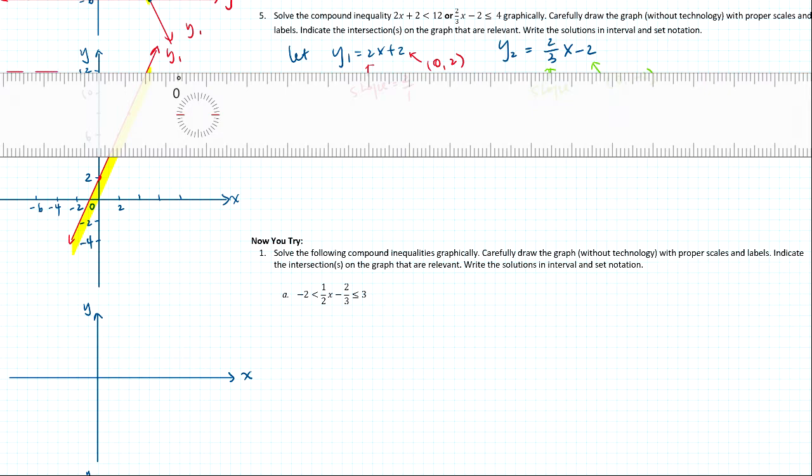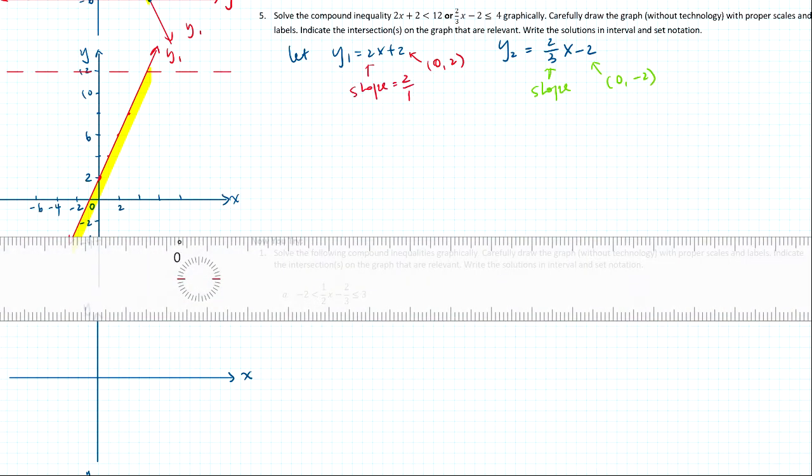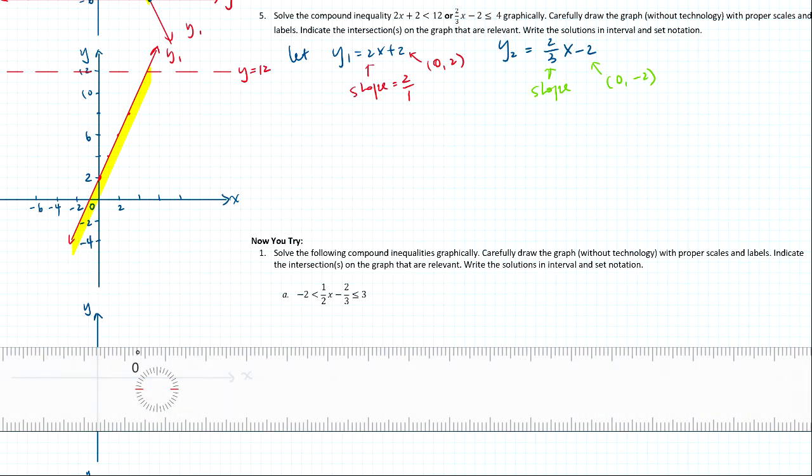Here we're going to use a dotted line to indicate 12 is not included as a result. And that's y equals 12. That's a restriction.